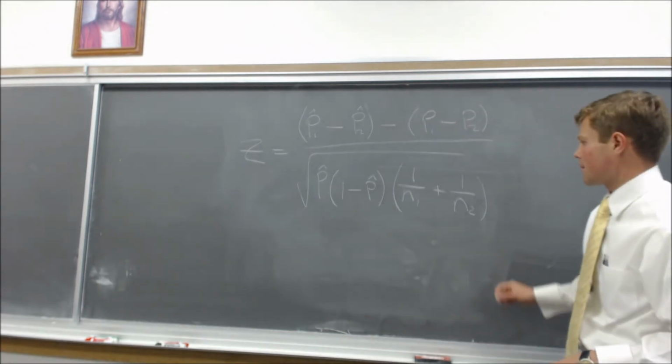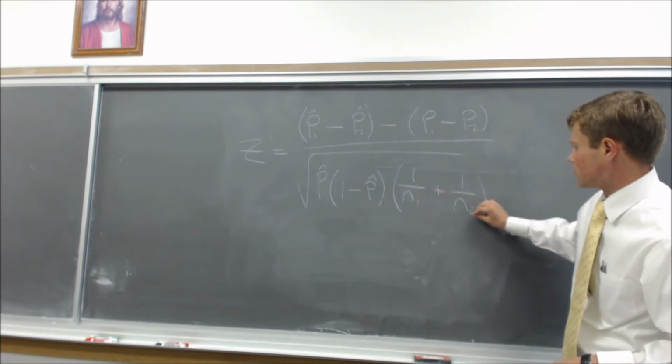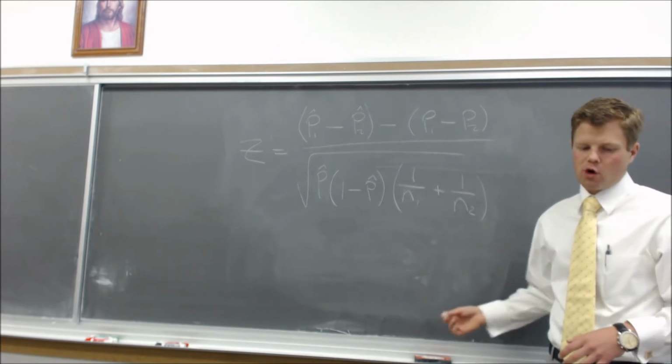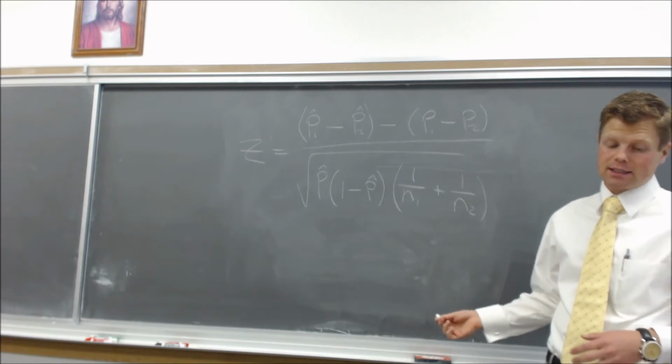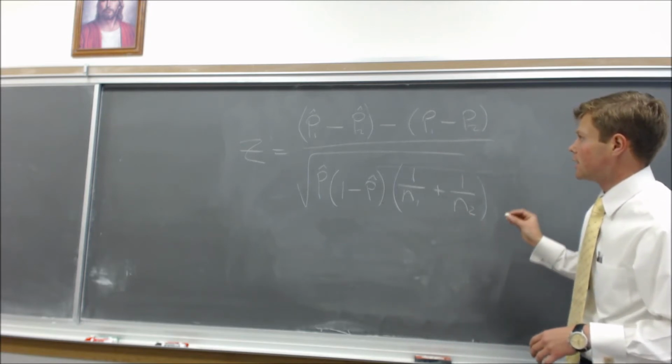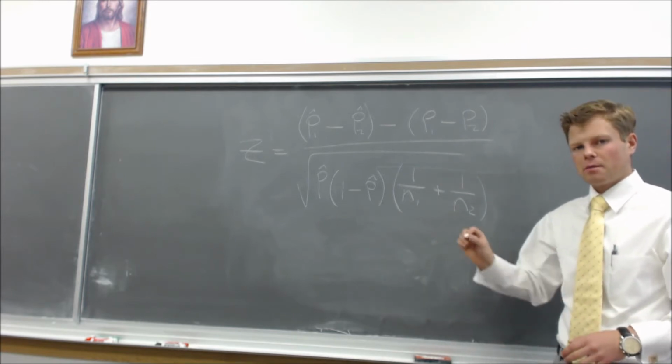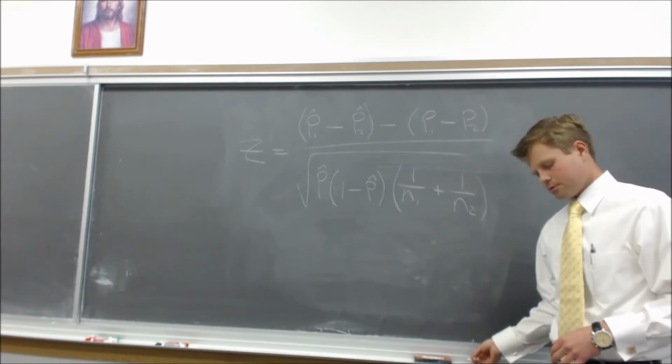Now these are the sample sizes for each of the groups individually. And this becomes the formula for the z-test statistic for two population proportions. It's a good idea to do a few practice problems with these as you go along, and try to remember as much as you can each time you go through.